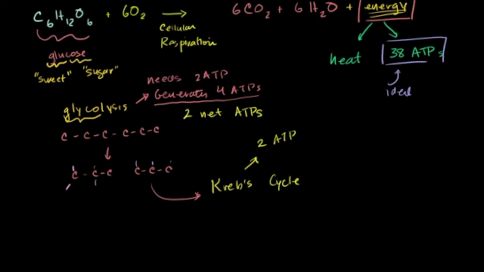But it's normally viewed to be after glycolysis and the Krebs cycle. And this requires oxygen. So let me be clear. Glycolysis, this first step, doesn't need oxygen. It can occur with oxygen or without it. Oxygen not needed.